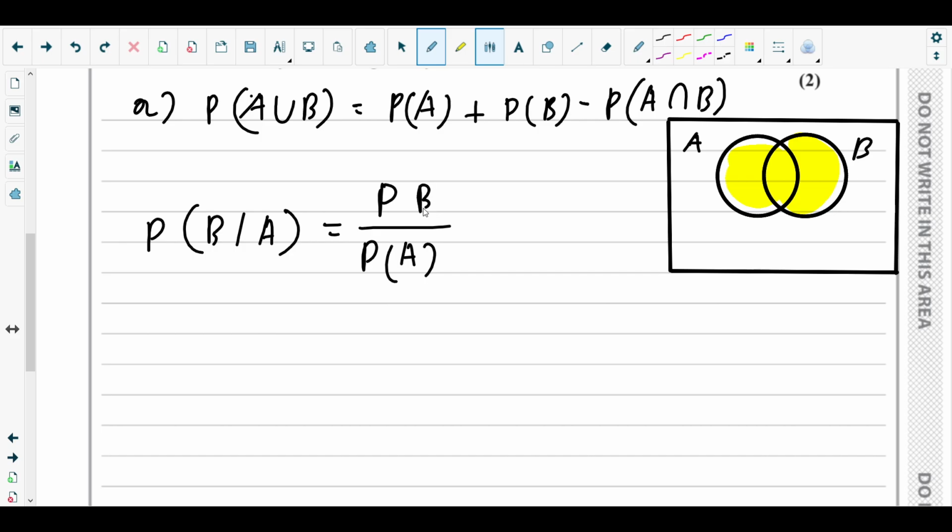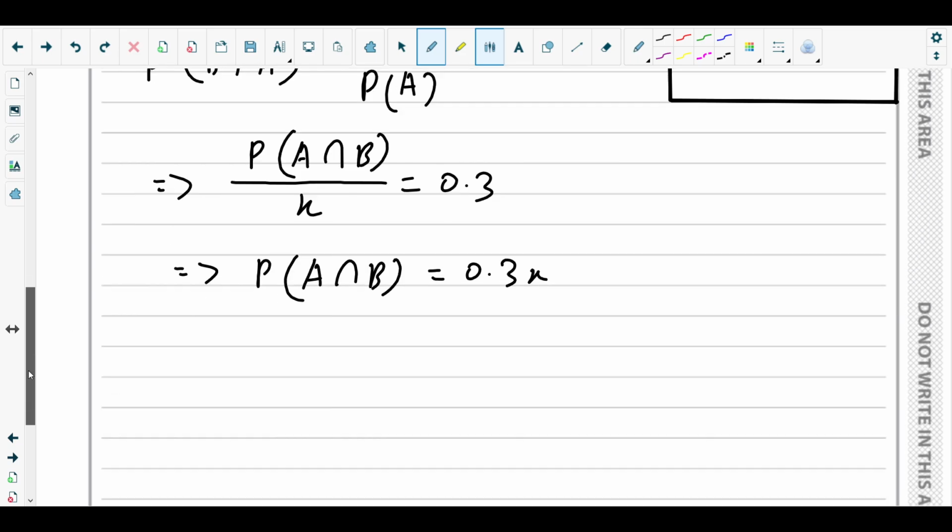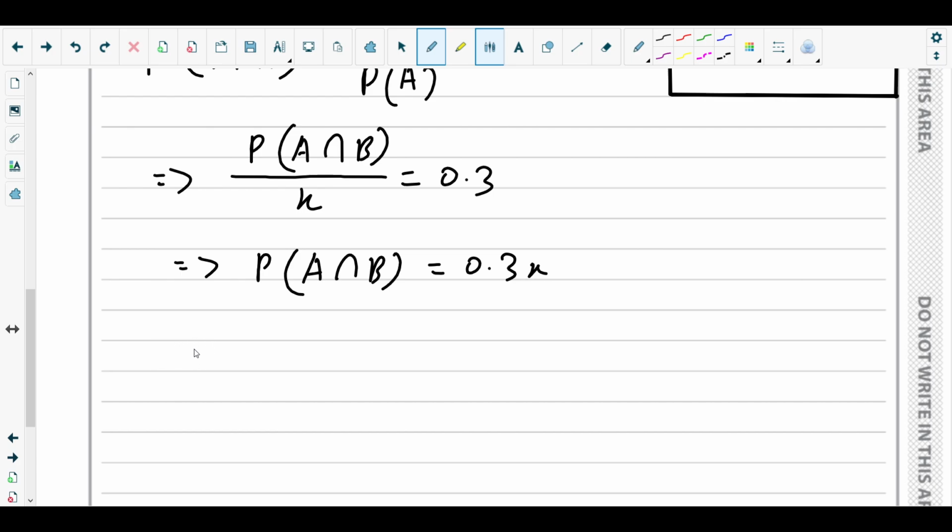This is B intersection A over probability of A. We know probability of B given A is 0.3, so we can use this. So probability of A intersection B over probability of A, which is x, equals 0.3. So probability of A intersection B can be written as 0.3x, by cross multiplying. So we got the value for probability of A intersection B.